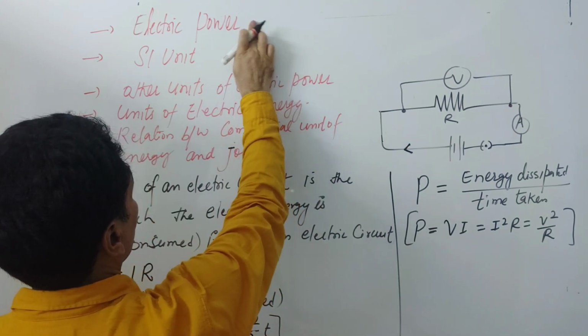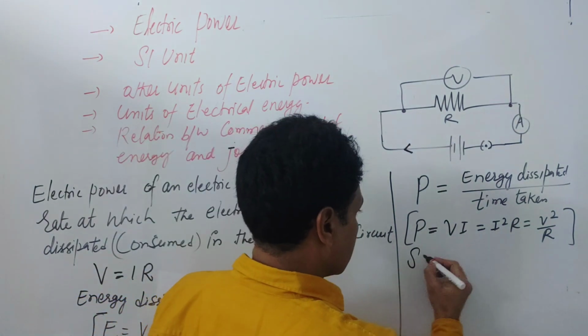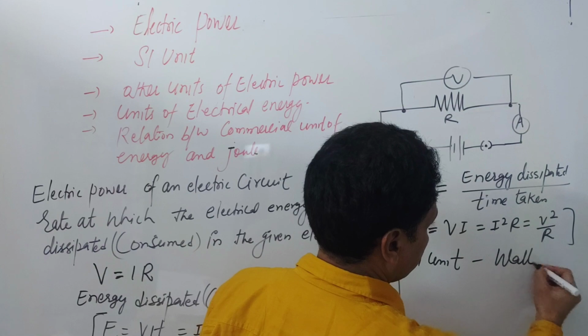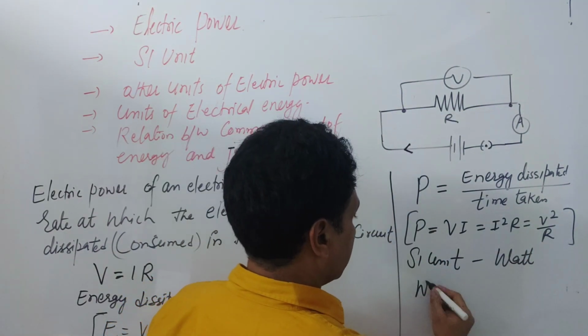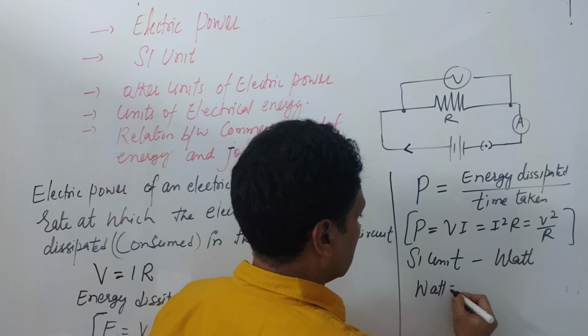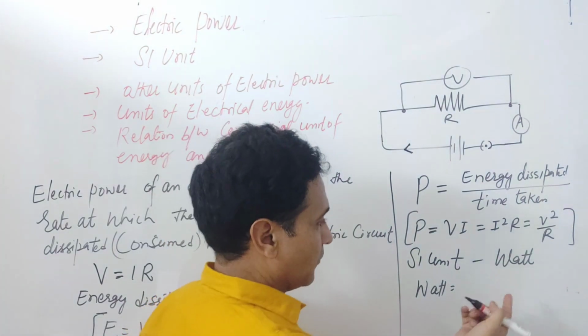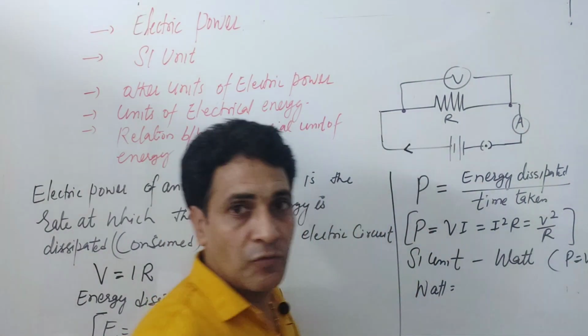Now we will discuss the unit of electric power, the SI unit. The SI unit of electric power is watt. Here we will write that the unit of power is watt, because the formula is P is equal to VI.